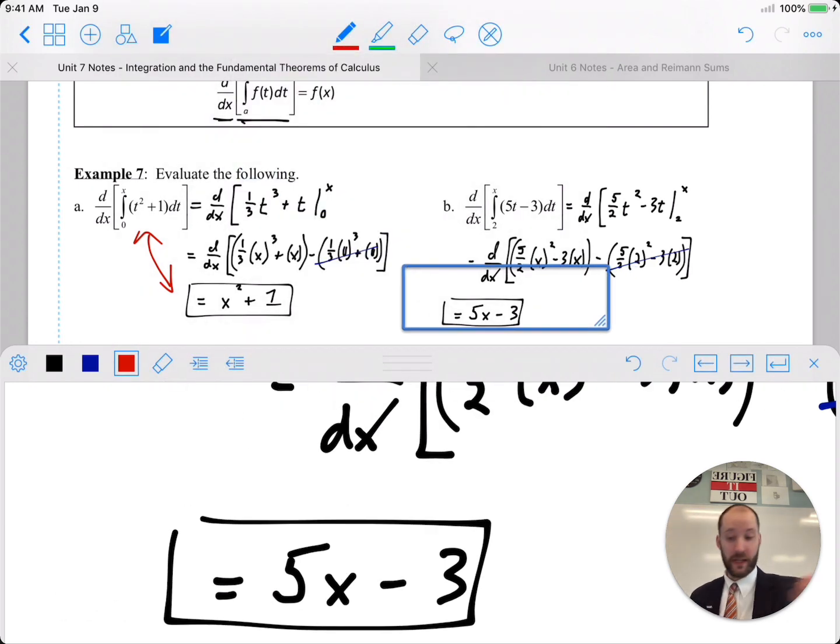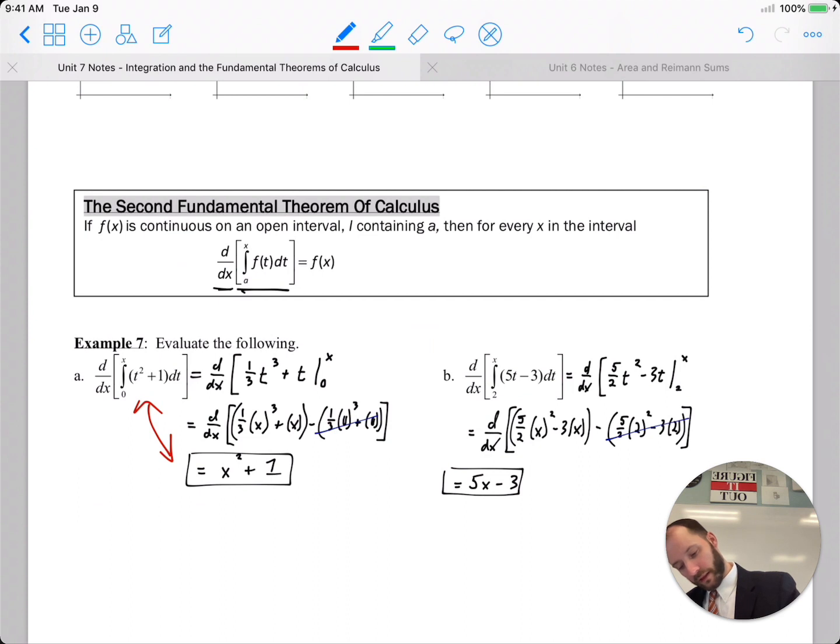So hey, look at that. We have the 5t minus 3, the 5x minus 3, and just the t got replaced with the x. So when your lower bound is a constant and the upper bound is just x, it's a simple replacement, okay?